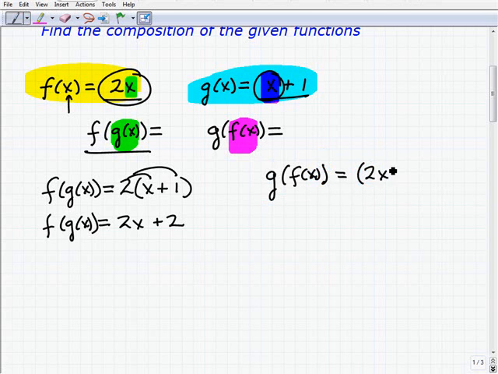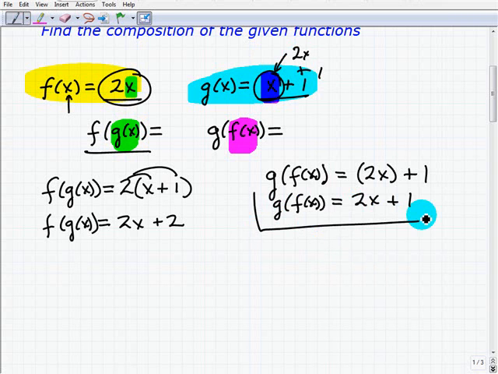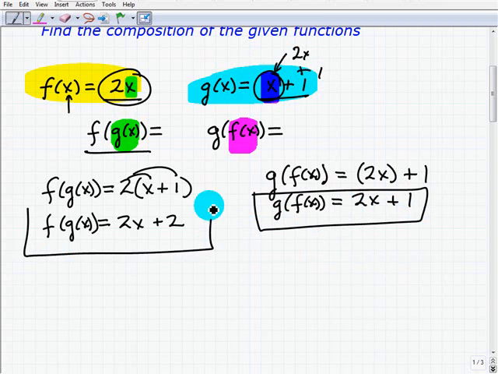So that's going to be 2x plus 1. This is where you plugged in the f of x function, which is 2x, but then you got to add 1 to it. So let's simplify, and we get 2x plus 1. So g of f of x is equal to 2x plus 1, and f of g of x is equal to 2x plus 2.